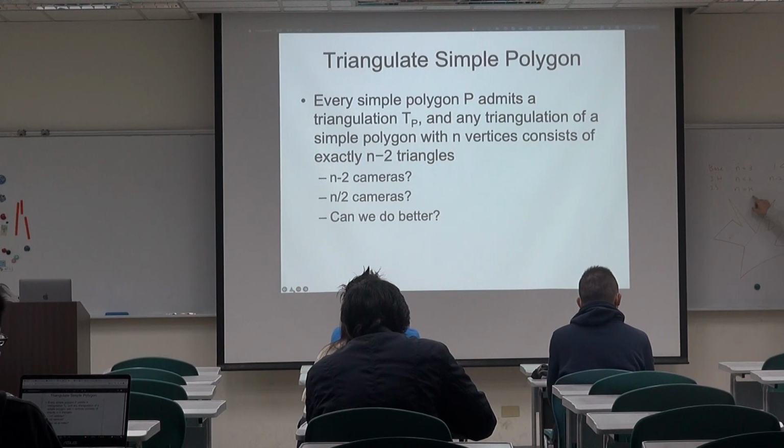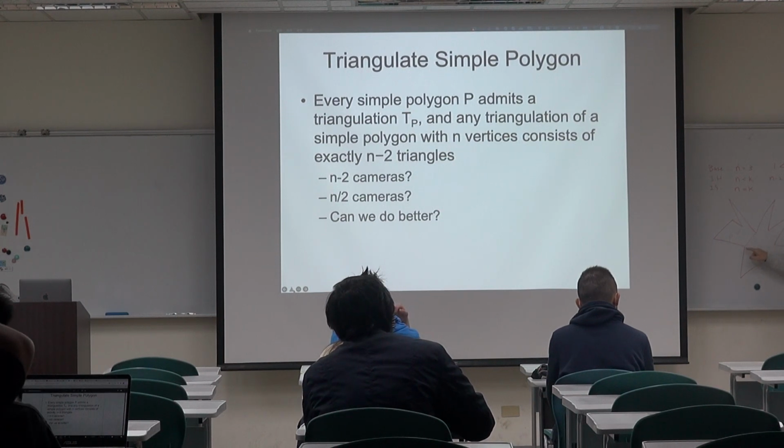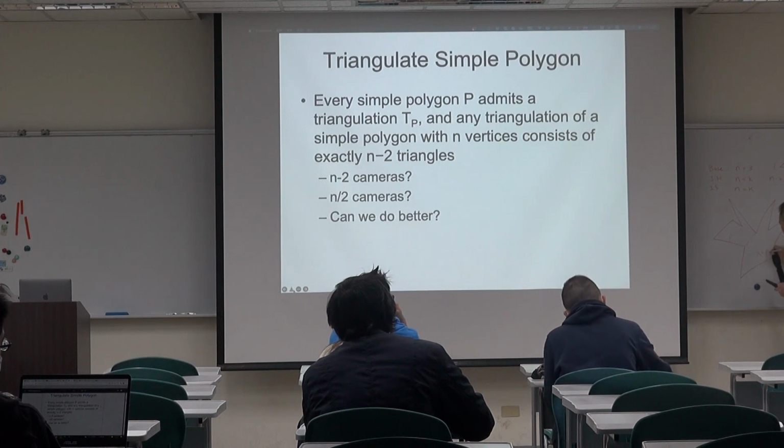So k remove p, but we need to add these two vertices back, because you cannot also remove these two vertices. So this one will have k minus p plus 2.